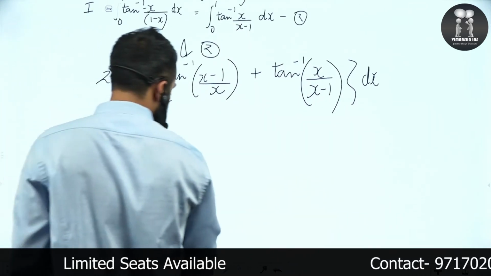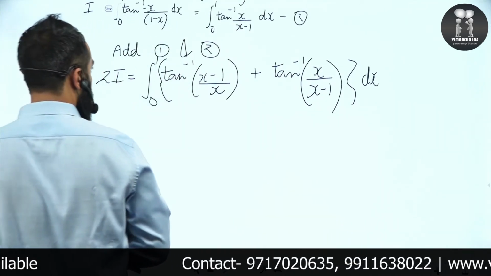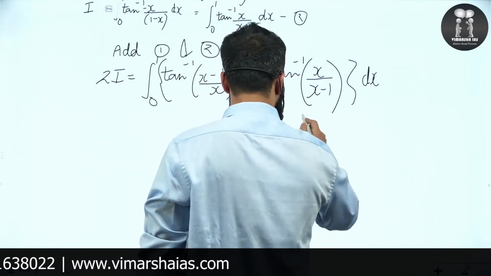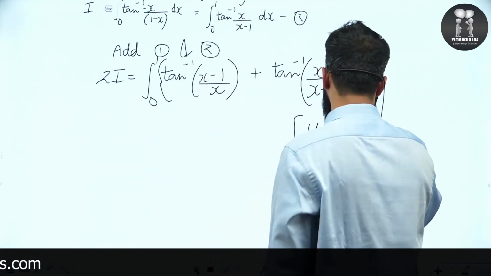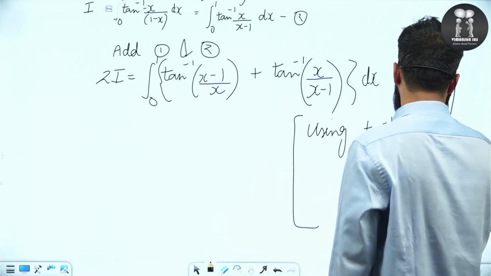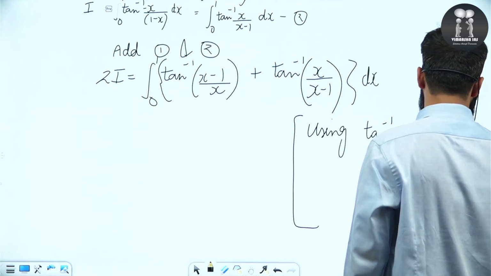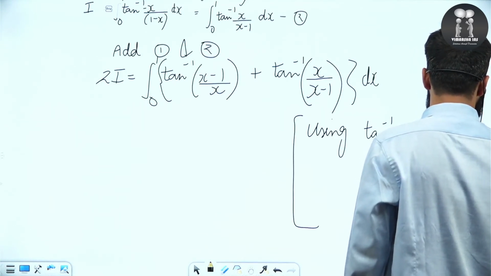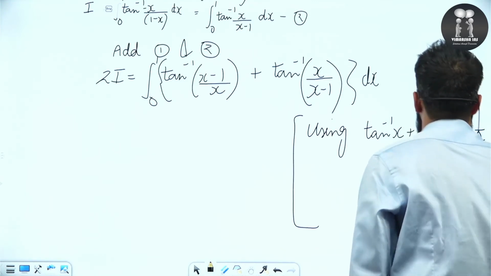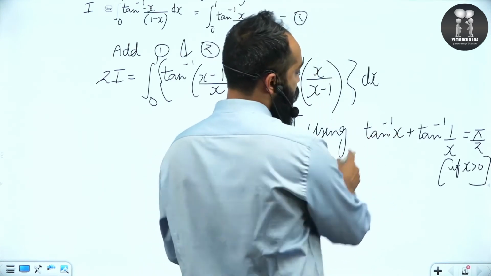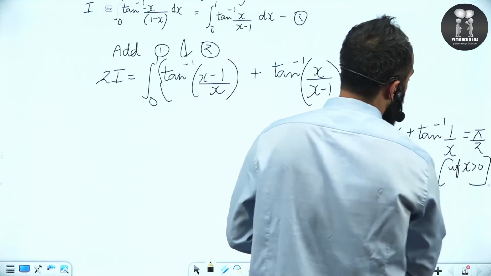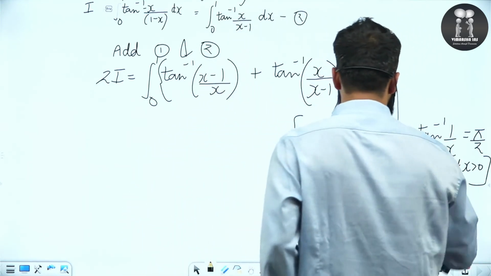Now we will use another property of tangent inverse x. If we have the domain of tangent inverse function as x and 1 by x, and if x is greater than 0, then we will get the addition as pi by 2.